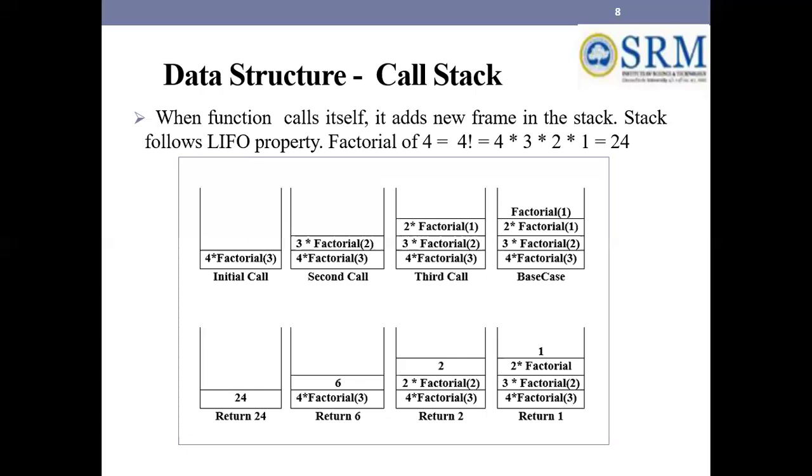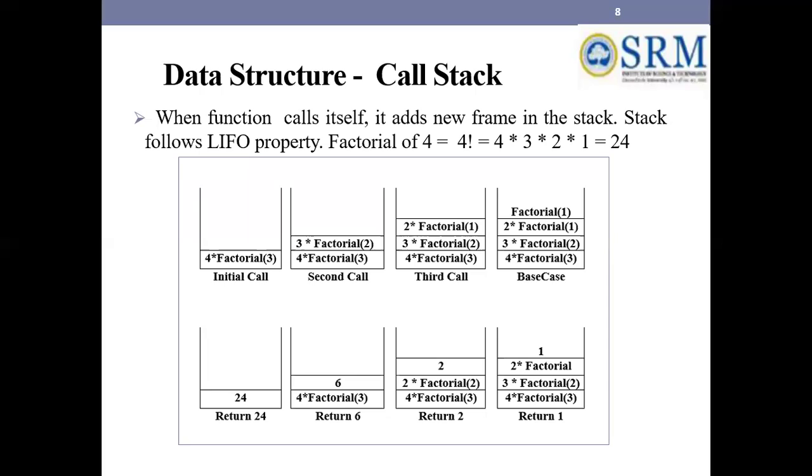has a frame, and the frames will be filled from bottom to top, so it follows the property of last in, first out. For example, we are going to find 4 factorial, and initially 4 into factorial of 3 is the first recursive call. Next, 3 into factorial of 2. For each recursive call, a new frame is created in the stack and information is stored.